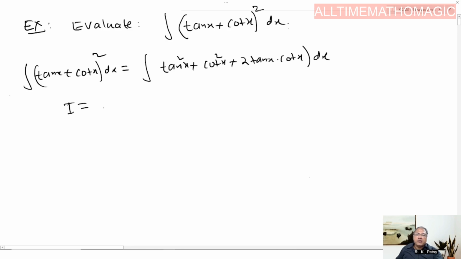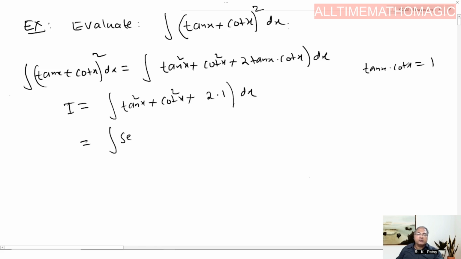Therefore, I equals the integration of tan square x plus cot square x plus 2 into tan x into cot x, which equals 1, with respect to x. Now, there is no direct formula for tan square and cot square.